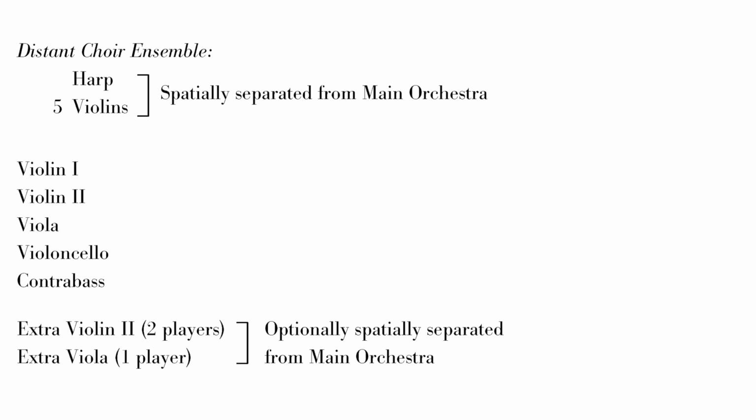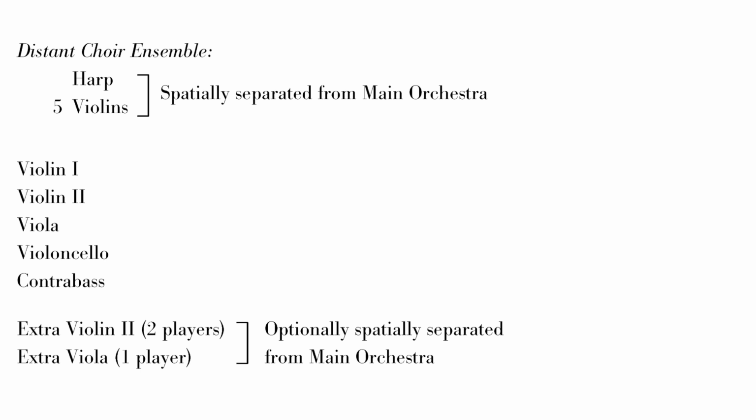So you really have to assume that the players who are staffing those positions in the distant choir are going to be fixed there and are not going to be able to play on stage. That means that there won't be the standard number of about 30 violins on stage throughout the symphony. You only have about 25.